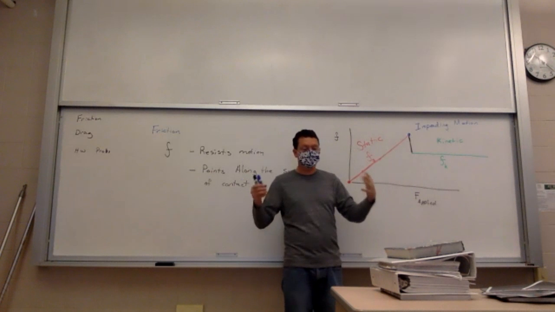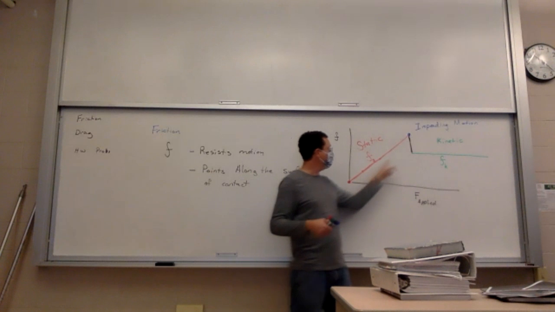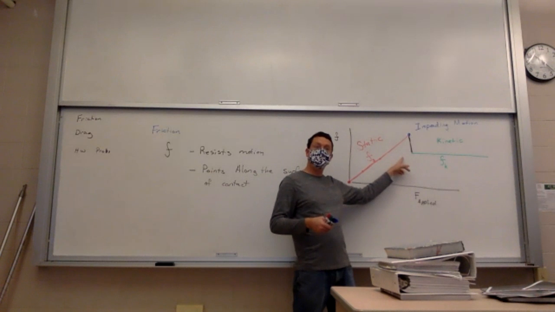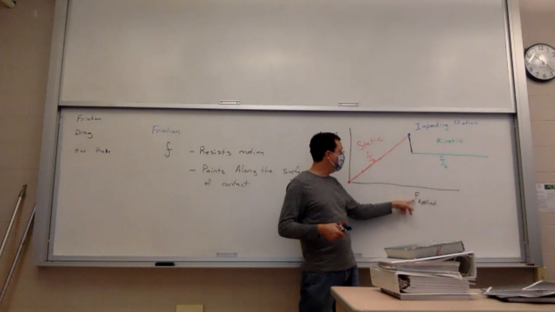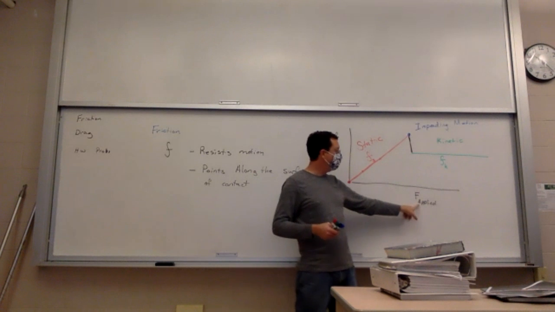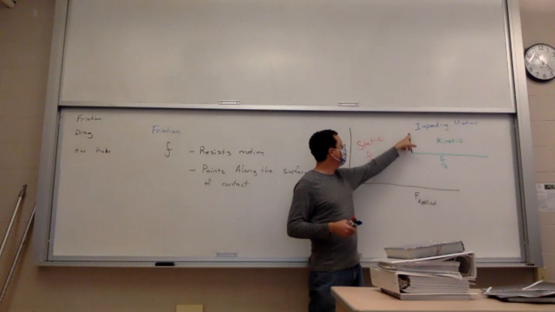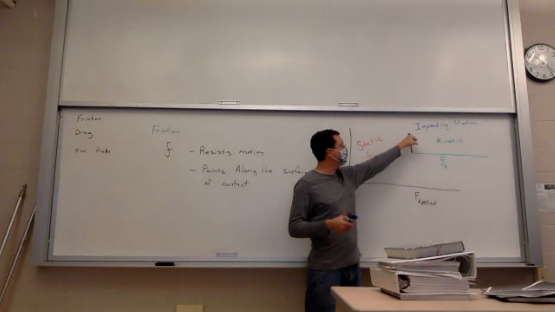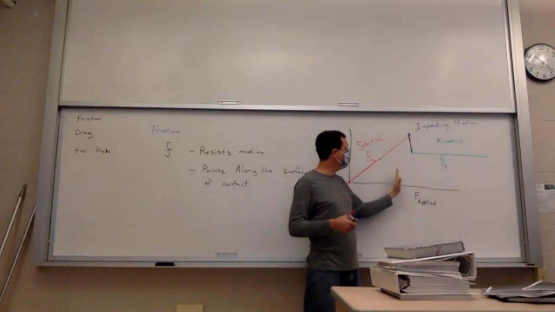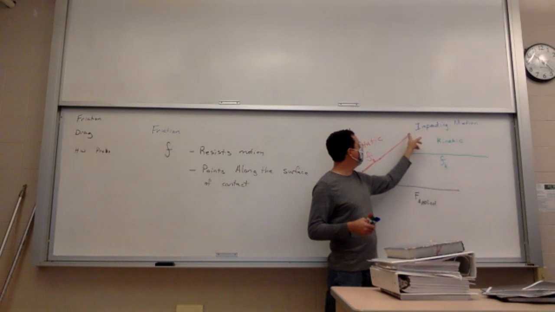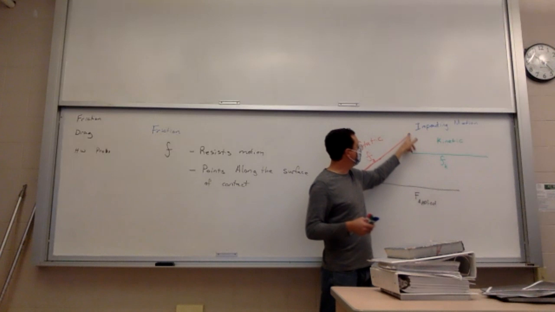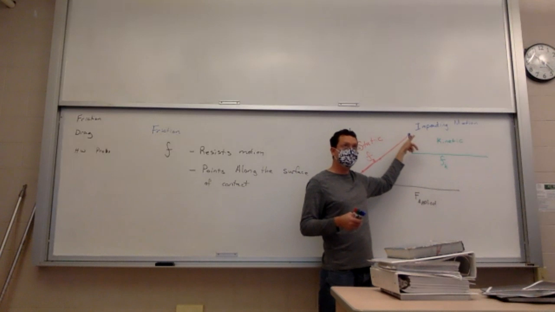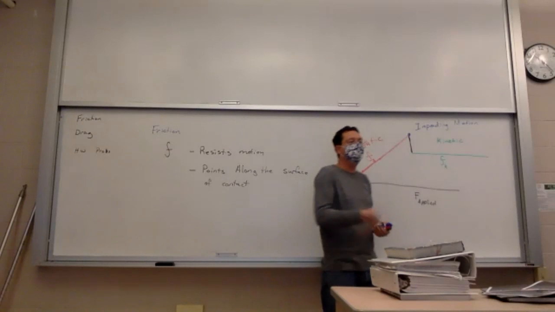So say it starts at rest. You want to figure out, am I over here? Is it at rest, but the force applied is more than the maximum possible friction force? Because static friction can only go up to here and no higher. So you look at the force applied and compare it to this number, the maximum static friction that's possible. That will determine if it's going to start moving.